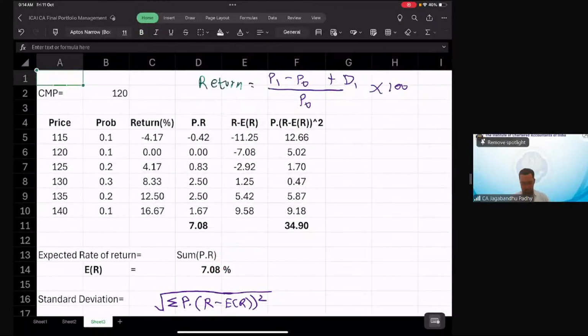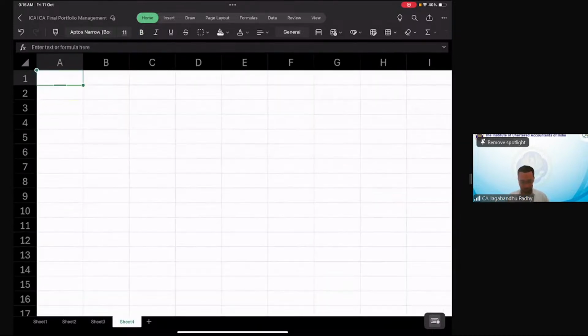So this was our question number 1, which we discussed on the basis of risk and return. Second, we'll discuss what if we don't have the probability scenarios given to us, but we have the past data available to us.